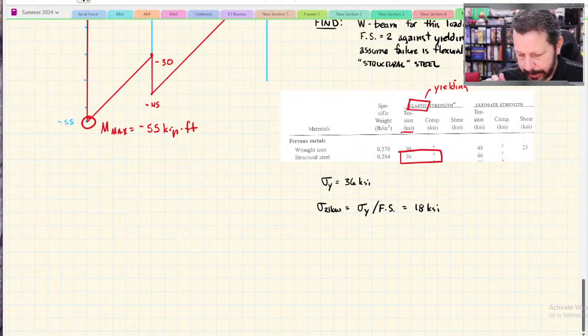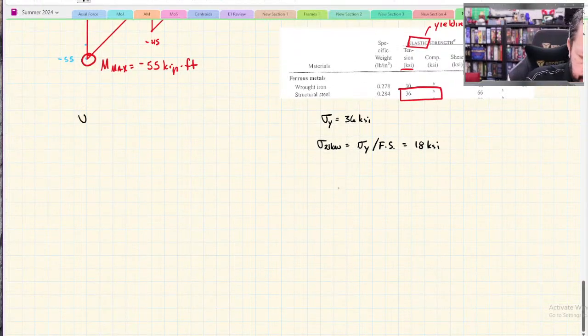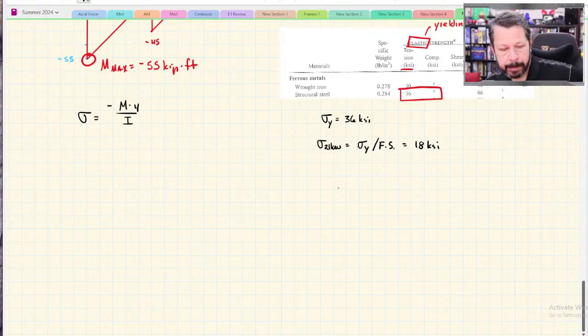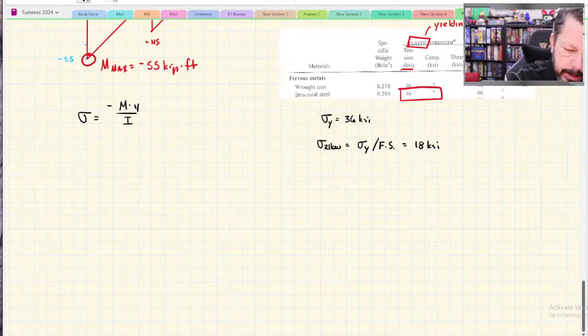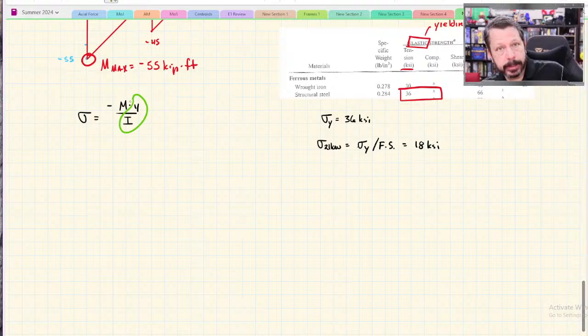All right, so we know how much stress we're going to allow in our beam. Now we've got to relate the stress in our beam somehow to the bending moment that's on our beam. So we have the equation that sigma equals negative M times y over I. Here, y and I are both related to the shape of the beam, like the cross section of the beam.